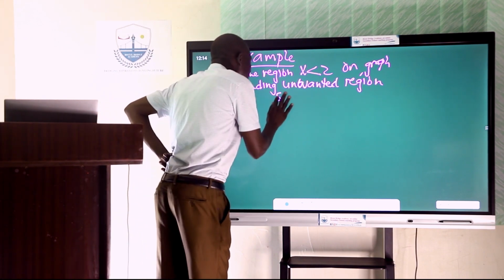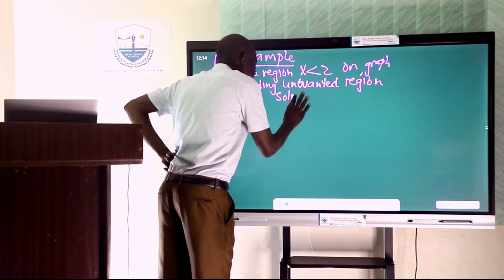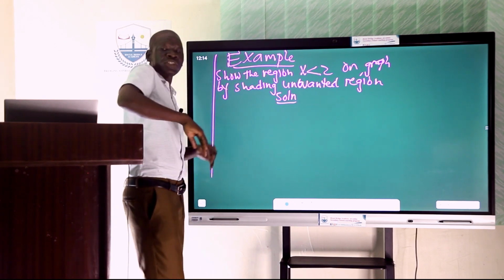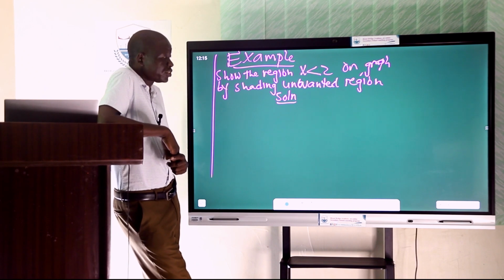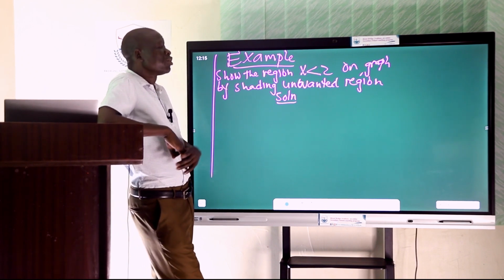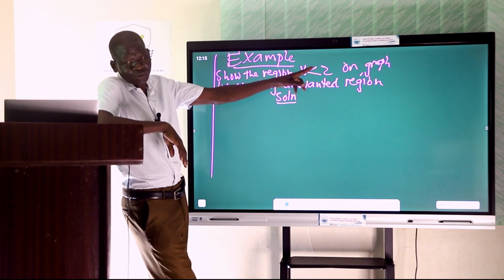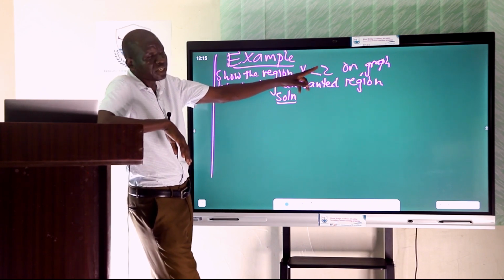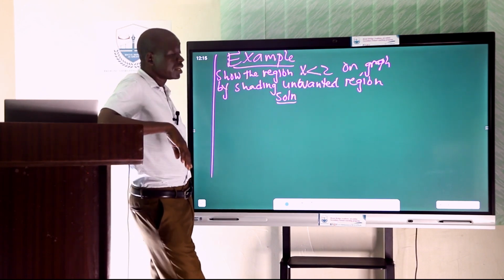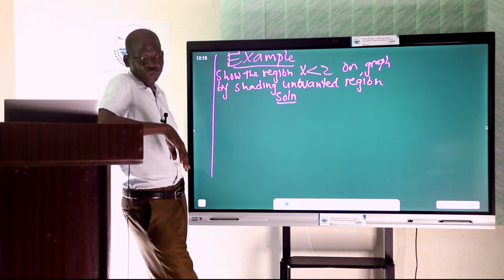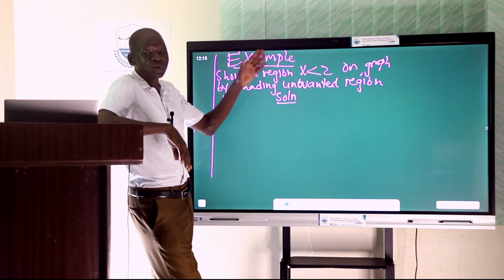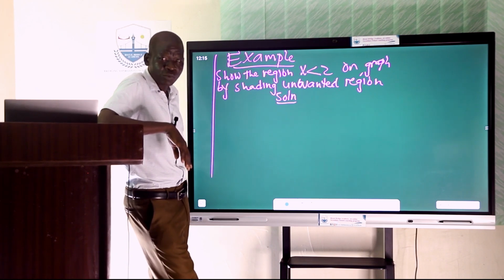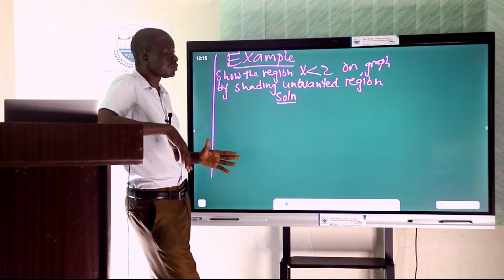So we are going to follow the steps which we wrote down. The first step is to remove the inequality sign and replace it by an equal sign. That is to say, we form an equation for the inequality. How do you form that equation? We replace the inequality sign by an equal sign.